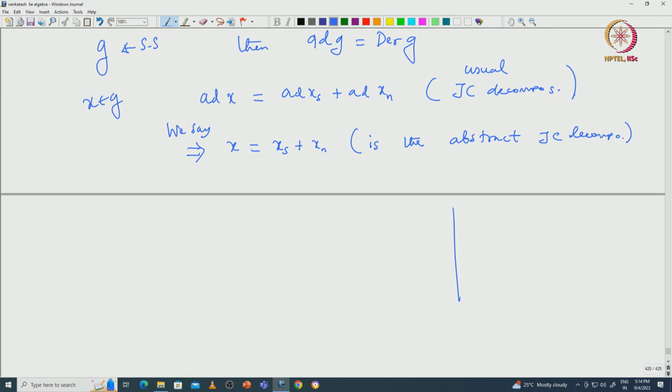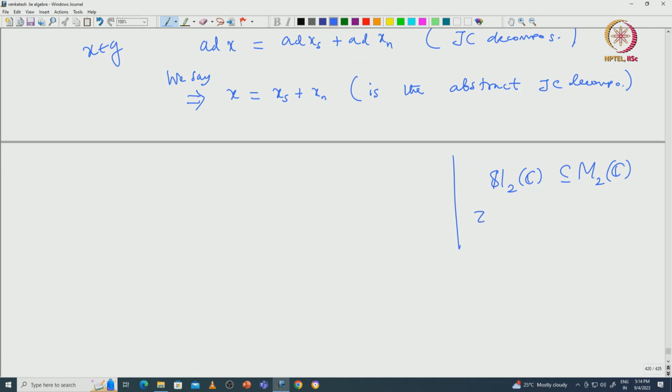For example, SL2C. If we take SL2C, this is inside M2 of C. So, given an element Z inside SL2C, one can talk about Z being equal to some Zs plus Zn. This is, let us say, the usual Jordan decomposition.